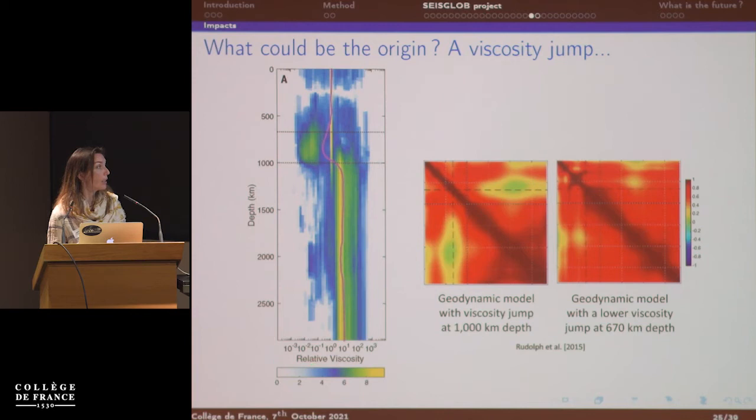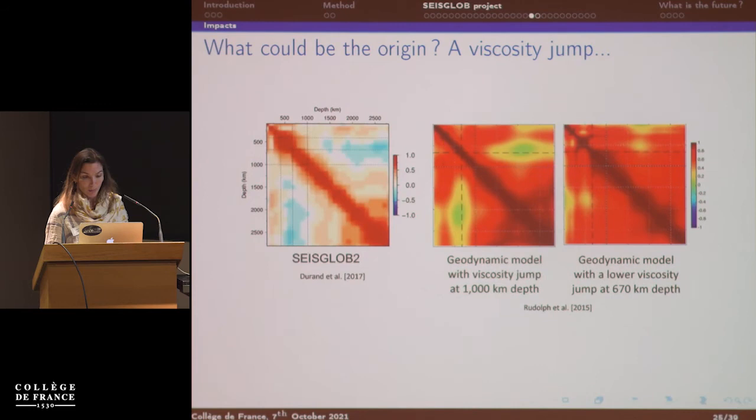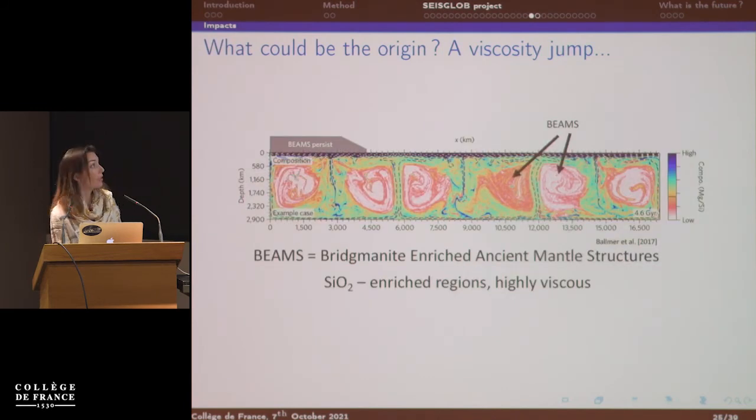Here you have a study reporting a viscosity jump at around 1,000 kilometer depth, and something interesting is that they provided this autocorrelation matrix from a thermal field after dynamic modeling, including or not the viscosity jump at 1,000 kilometer depth. And what you see in this case is this decorrelation level that we actually also get in SEISGLOB2, so that's maybe a nice observation.